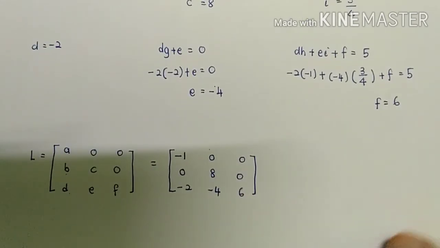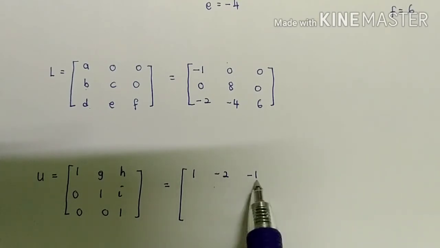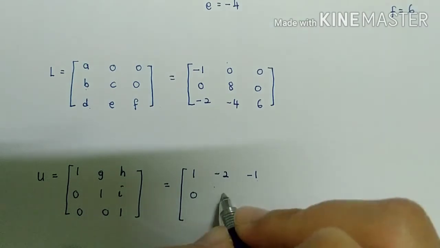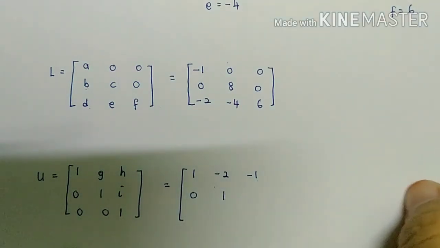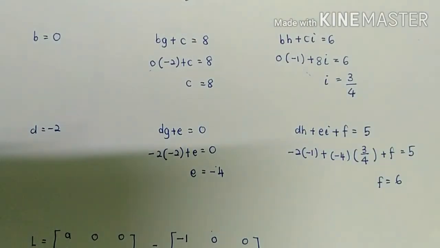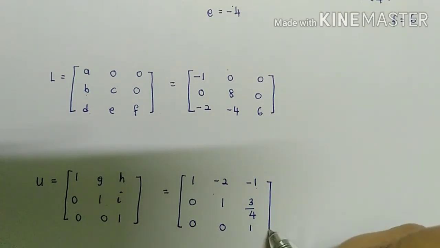Negative 2, negative 1. And then we have 0, 1, I. So 0, 1. And I is 3 over 4. And the last row 0, 0, 1. Okay. So this is our matrix U.